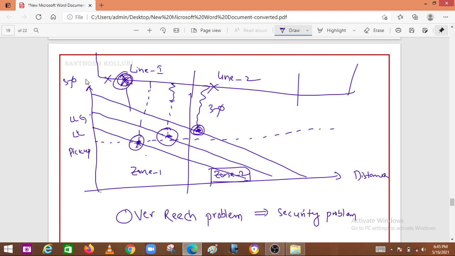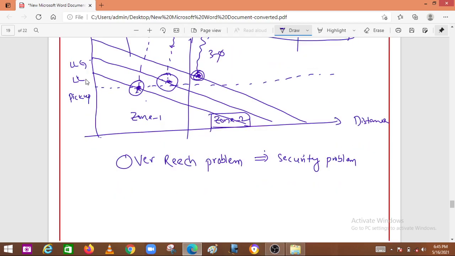Due to this, the relay is experiencing a dependability problem. Dependability means it should operate whenever it is required. So because of the underreach, the relay is facing a dependability problem, and because of the overreach, the relay is facing the security problem.